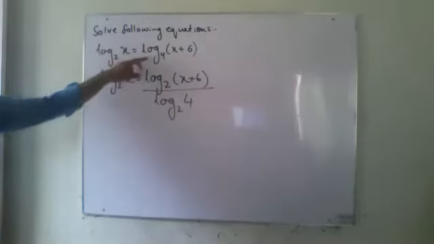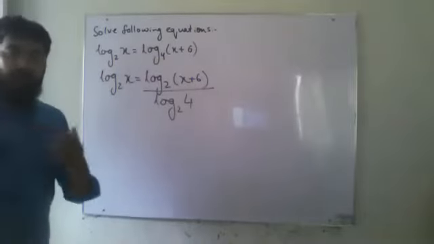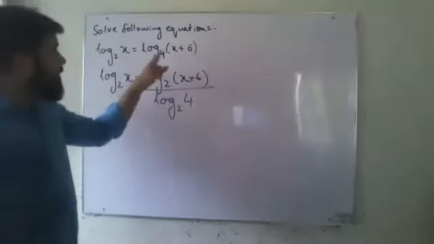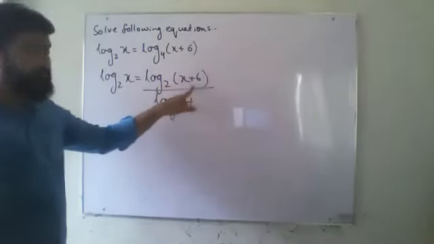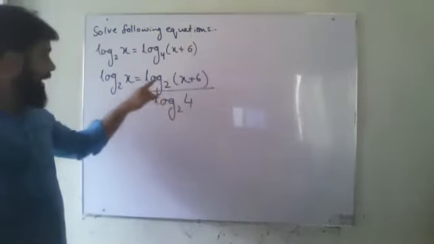Here I have applied the change of base rule, in which I can bring a base according to my need. What I have done: the multiple becomes the numerator, the base becomes the denominator, and I have introduced a new base.